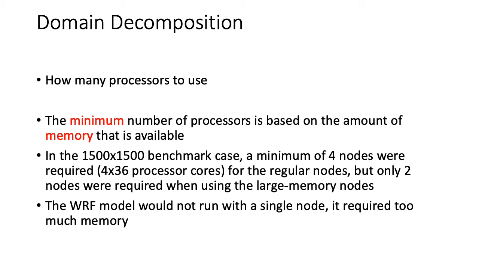If that amount of grid cells has an aggregate memory requirement larger than is available on the particular node that you're running your MPI process on, the job will fail. So the minimum number of processors is based on matching the memory that the WRF model needs with that minimum value available on the MPI process that comes from the node.